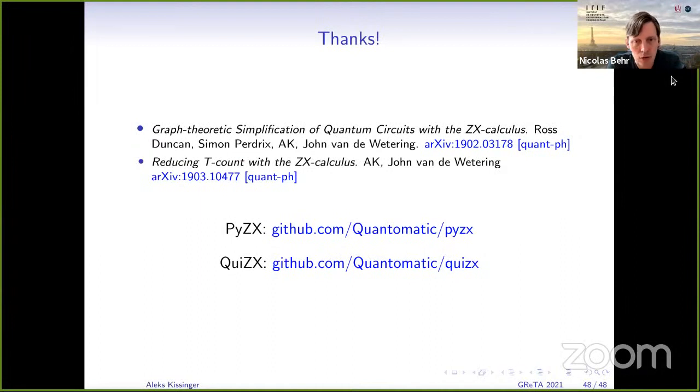But do you have any intuition? Maybe it's the wrong question, but it might help you explore these spaces a bit better. Yeah. So for instance, the CNOT thing I was talking about, where you're doing some simulated annealing.